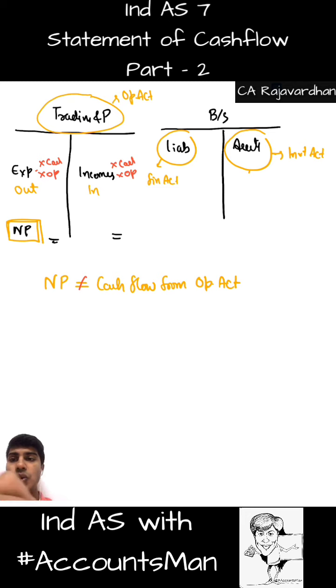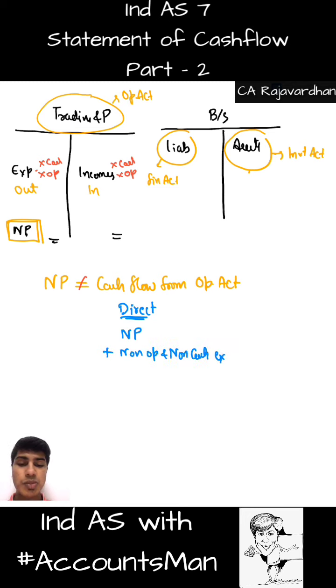So what we do in this statement, under the indirect method, is we start with net profit, we add back non-operating and non-cash expenses, and we also subtract non-operating or non-cash incomes, both of which are in the P&L.